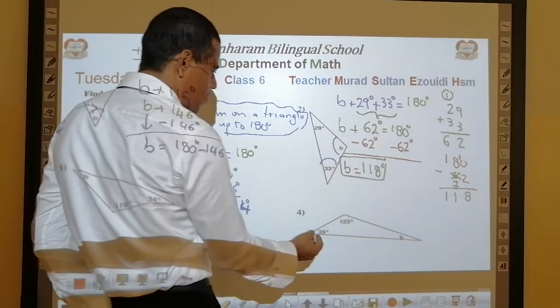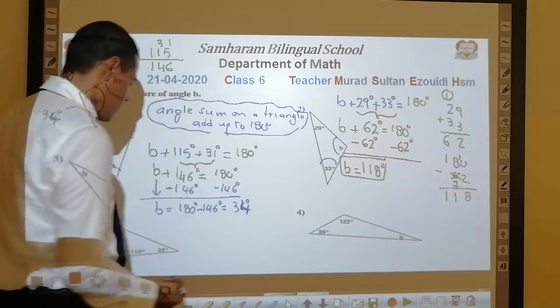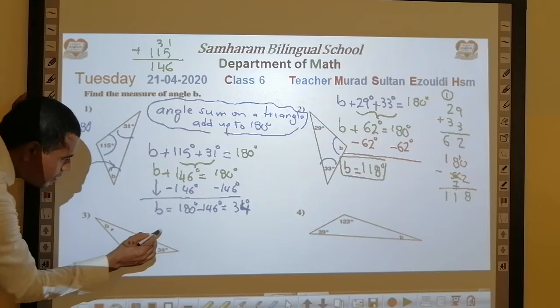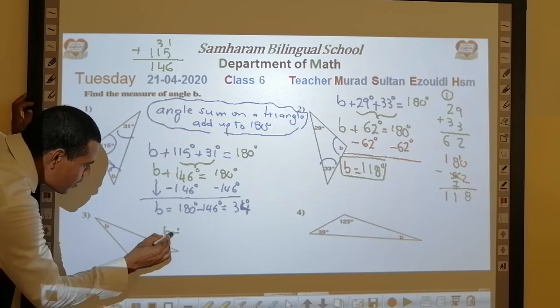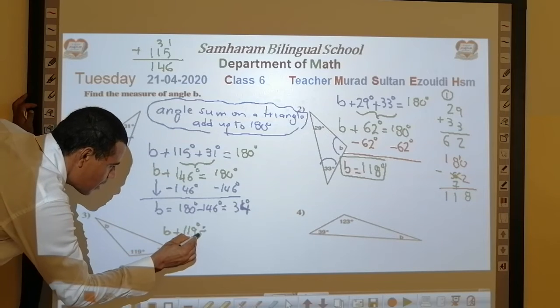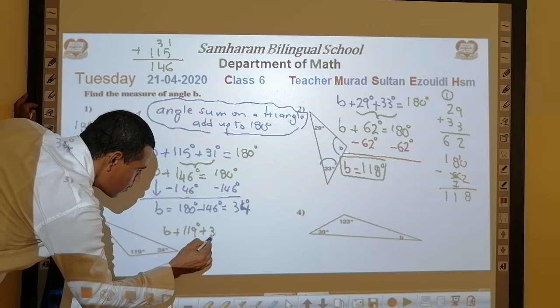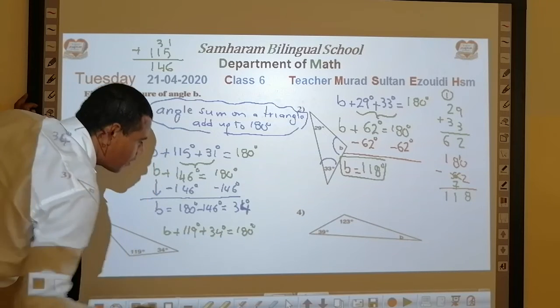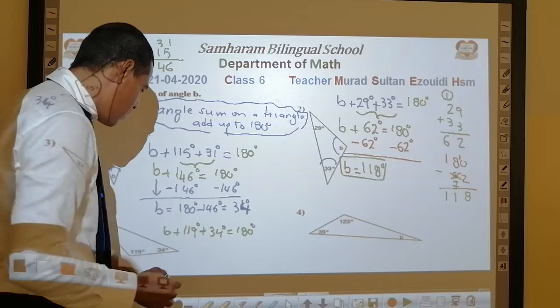The next, this one, I will make this example first. I will make B plus 119 degrees plus 34 degrees equal 180 degrees. Okay. First of all, add all of this.